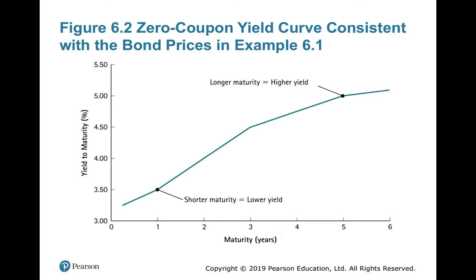Same principle, law of one price applicable everywhere. So the shorter maturity bond offers lower yield. We can say lower maturity, lower yield, higher maturity, higher yield. You can note this down: lower maturity, lower yield, higher maturity, higher yield.